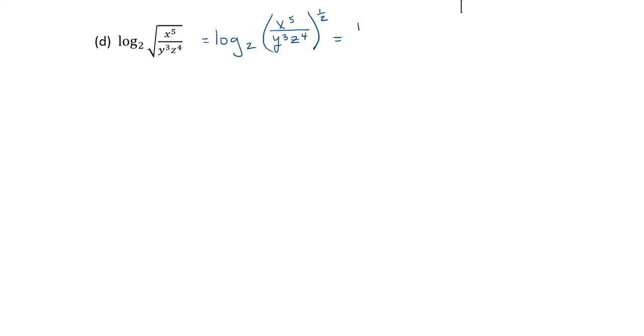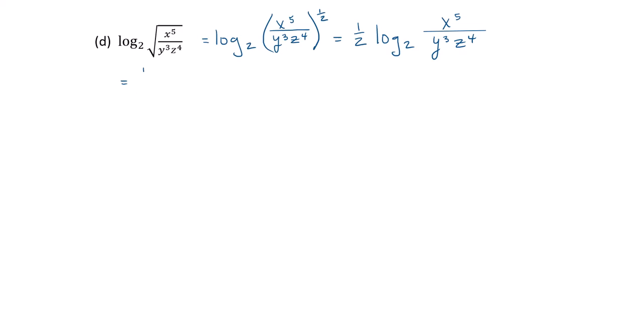So this means I have 1/2 log base 2 of x to the 5th over y cubed z to the 4th. Now I can go ahead and start breaking this up because I have products and quotients going on.